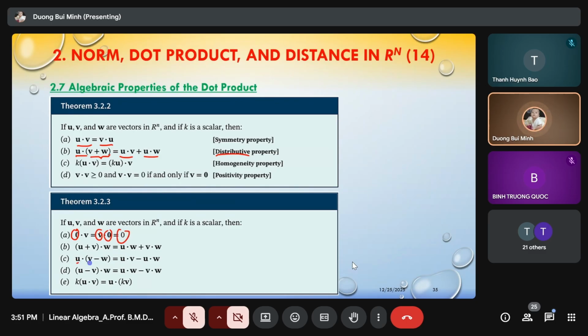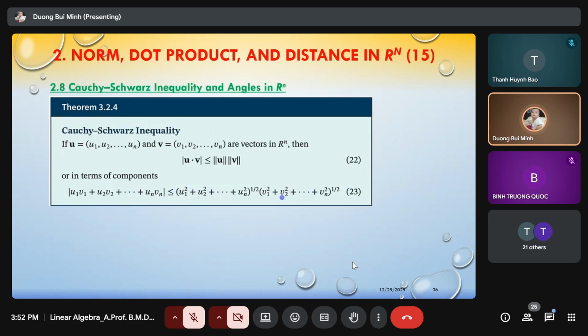Here U dot V minus U dot W, and so on. This one is for your reference, the algebraic properties of the dot product. And this one for the Cauchy-Schwarz inequality, just for your reference.